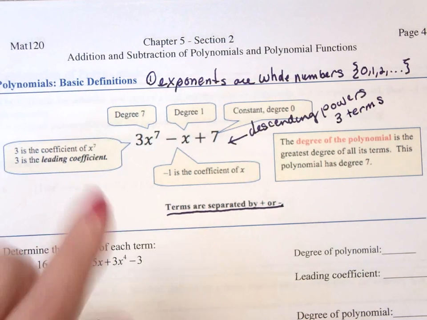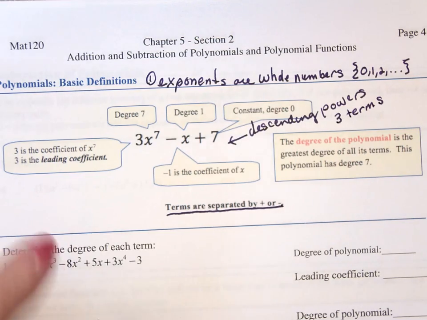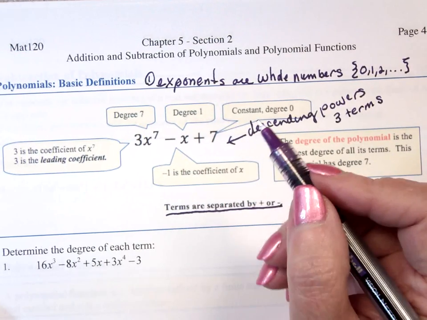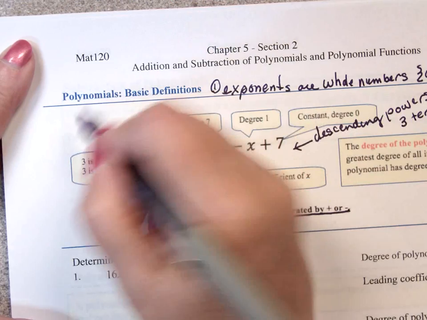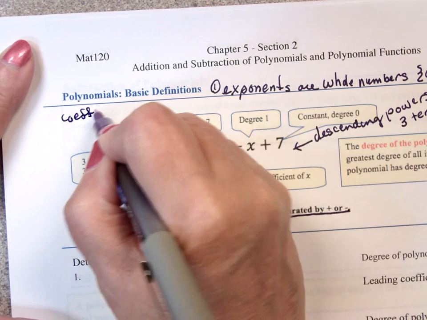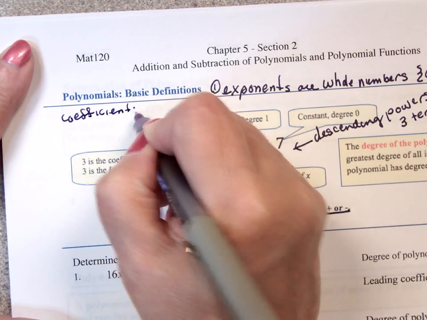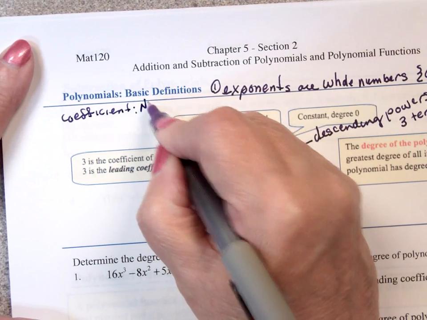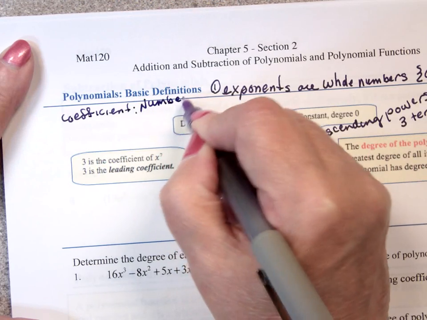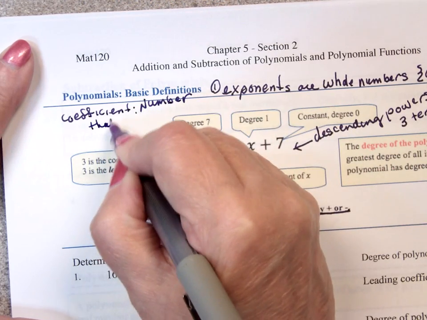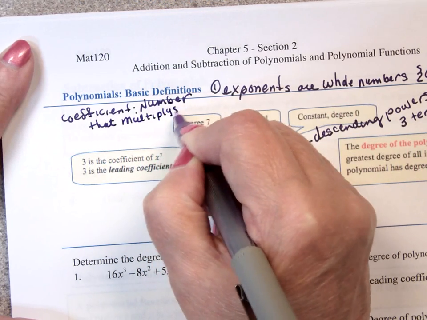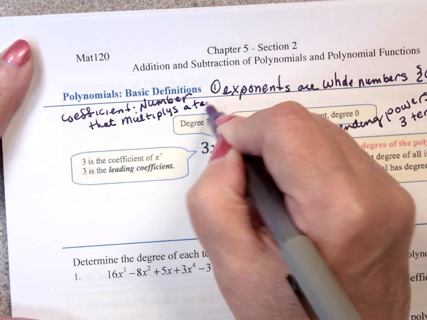Now each term has something called a coefficient. And what is a coefficient? A coefficient is a number that multiplies a term.